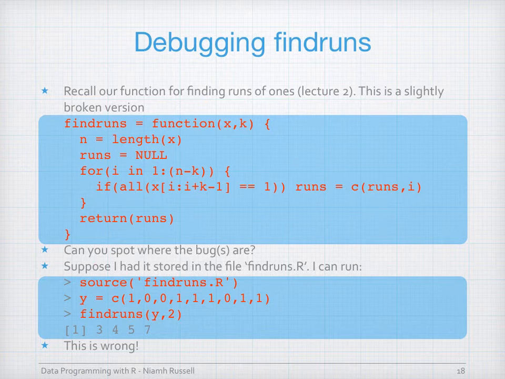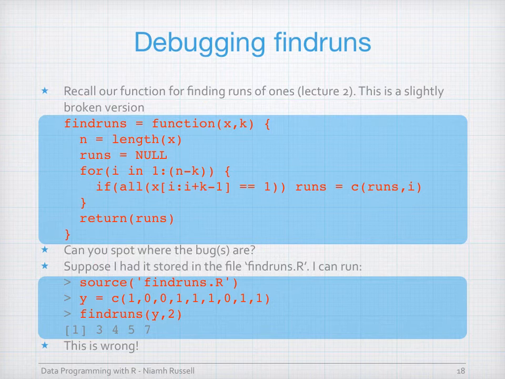Within the for loop, it's going to see where it finds runs of length 2, or more generally, runs of length k for whatever value of k. If it finds a run of length k, it will add the position where it finds it onto our runs vector. So our runs vector may become longer and longer. And then at the end it returns the runs vector as the output from the function.